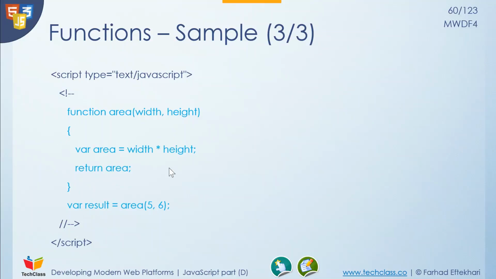So if you declare this part, then later in your application, by just using this simple line, var result is equal to area(5, 6), you will get as an output 30, because 5 and 6 are multiplied by each other, and your result is the number based on this input.